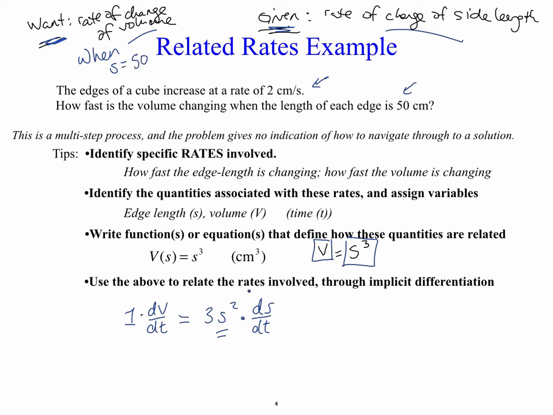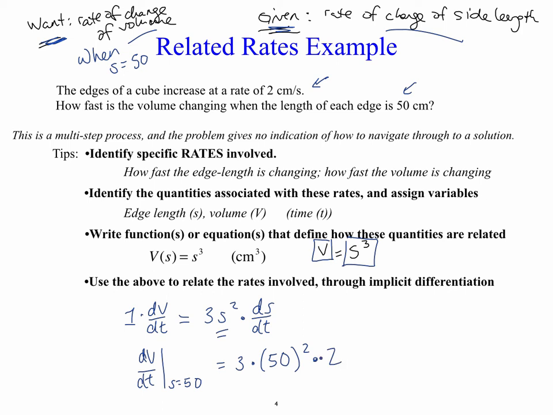Now that I have a relationship between the rate of change of volume with respect to time and the rate of change of side length with respect to time, I can say I wanted the rate of change of volume when S is 50, and now I can plug in the things that I know. So S is 50, and the rate of change of the side is 2 centimeters per second.